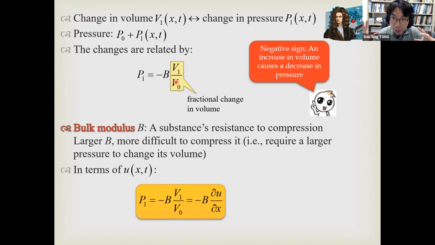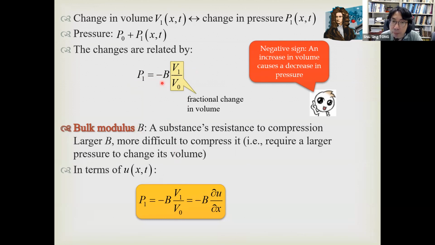On the other hand, if V1 is negative, the volume decreases, that means a compression. The compression will cause the pressure to increase, so P1 will be positive. That's why P1 and V1 have opposite signs, and that's why we have a negative sign here. And they are proportional to each other.